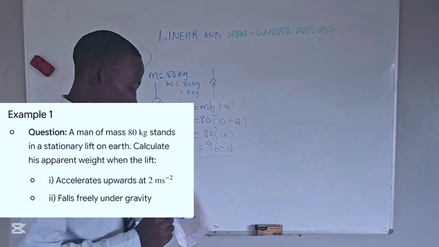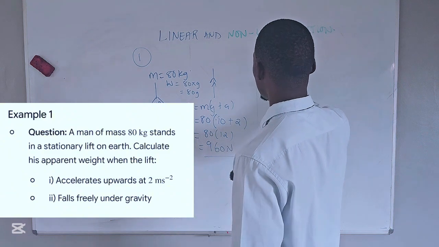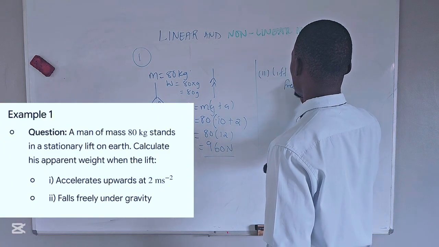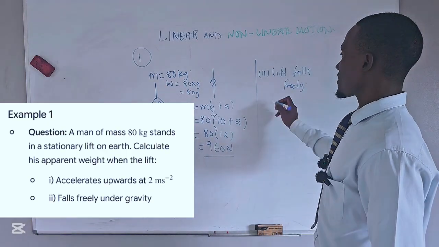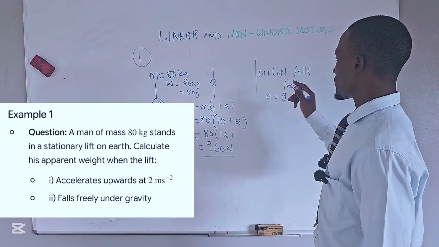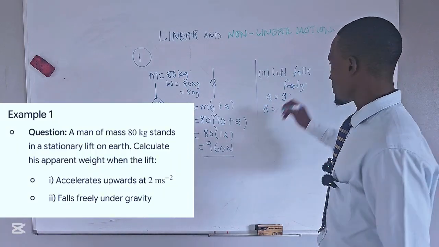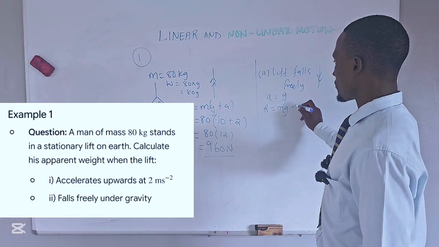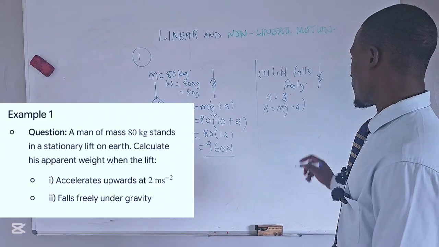Then in Roman 2, they are telling us to find his apparent weight when the lift falls freely. We know that when the lift falls freely, this guy's acceleration will be the acceleration due to gravity. And in this case, since it is moving downwards, we shall have our reaction being given by a subtraction.